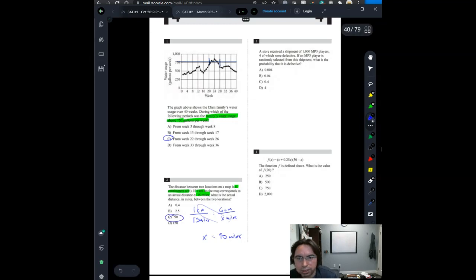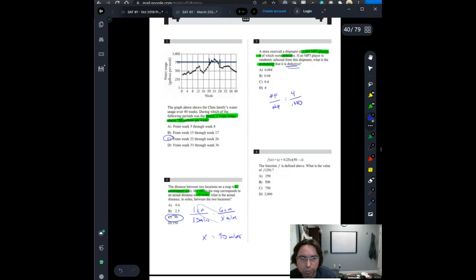Okay, number 3. A store received a shipment of 1,000 MP3 players, 4 of which were defective. If an MP3 player is randomly selected from the shipment, what is the probability that it is defective? Remember, probability is the number favorable over the number possible. 4 of them are defective out of 1,000.